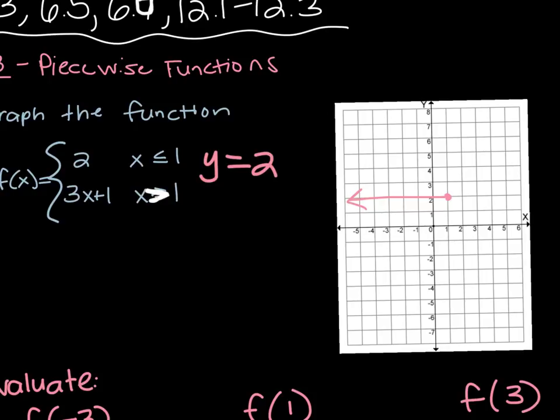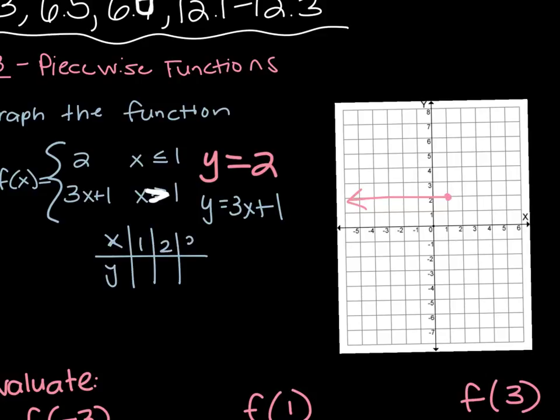And then the second part of that graph is y equals 3x plus 1 for the values greater than 1. I have two choices here. Plot points starting at 1 and getting bigger than 1. So 1, 2, 3.